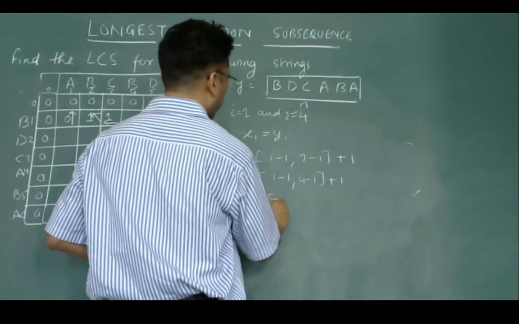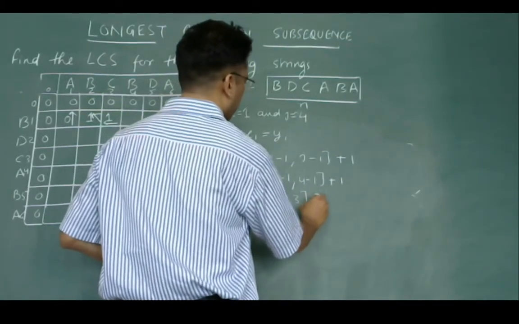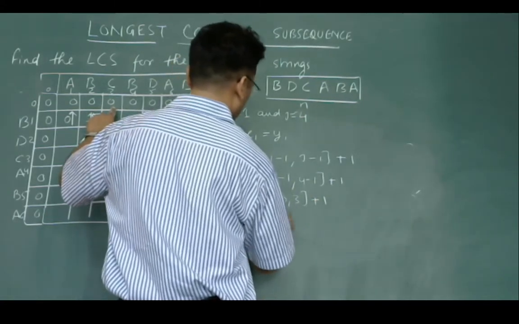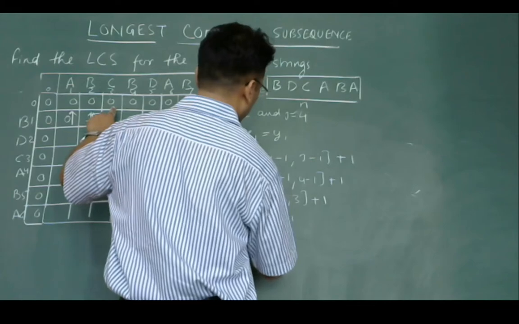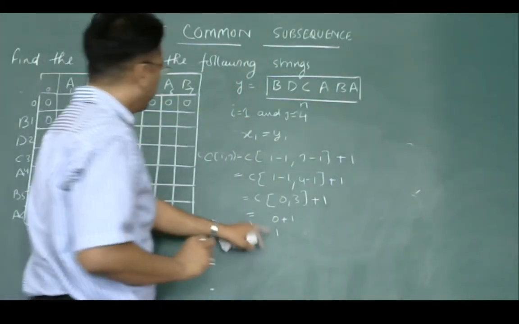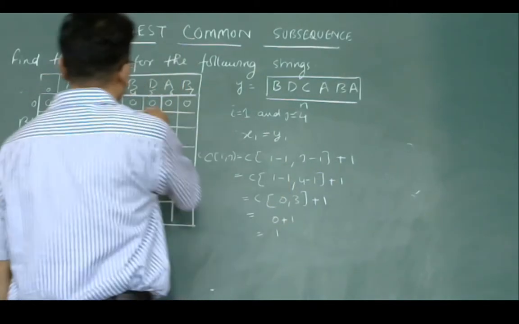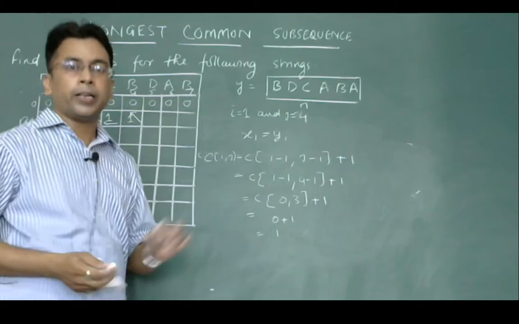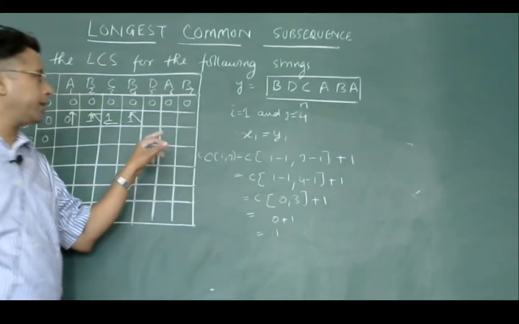So this will be equal to c of 0 comma 3 plus 1. So c of 0 comma 3 is equal to 0, plus 1 equals 1. So it would be 1, and here there is a matching, so the arrow would be diagonal, right?